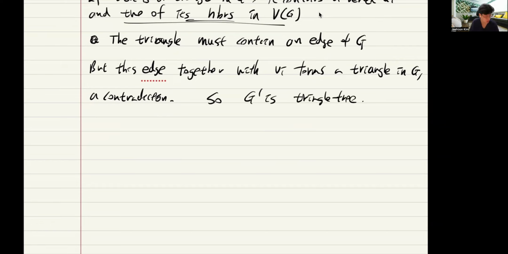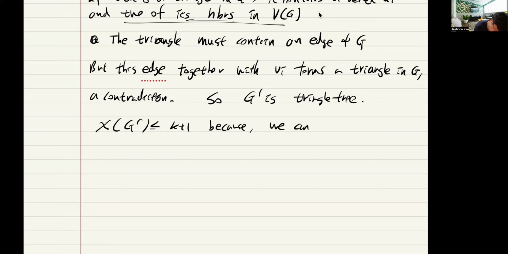Okay, so now we want to show that G prime is k plus 1 chromatic. The chromatic number of G prime being at most k plus 1 is easy. Why?